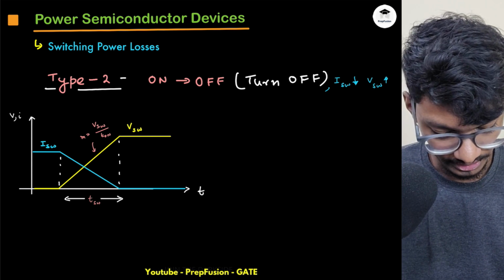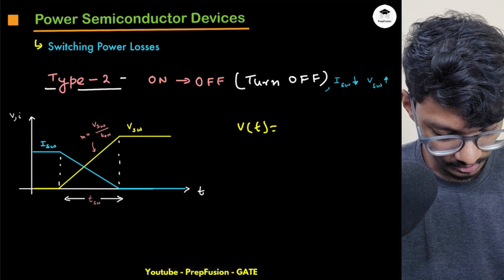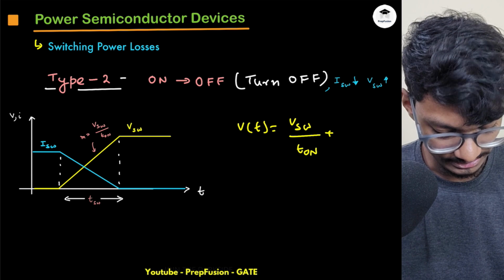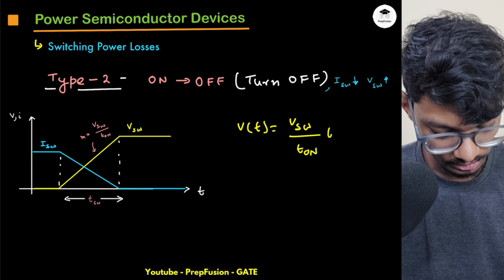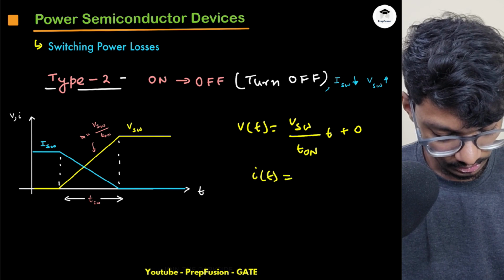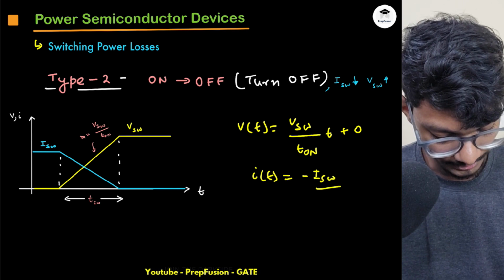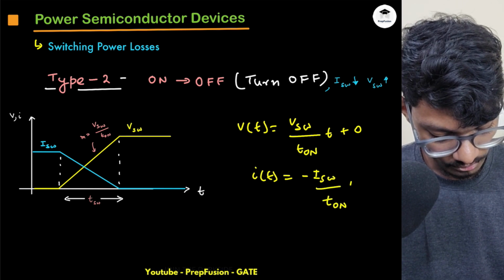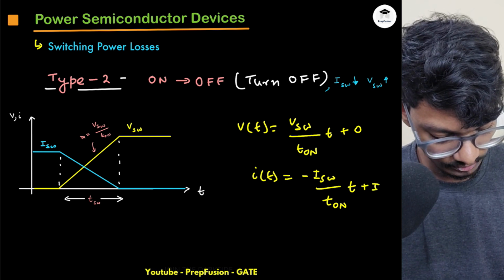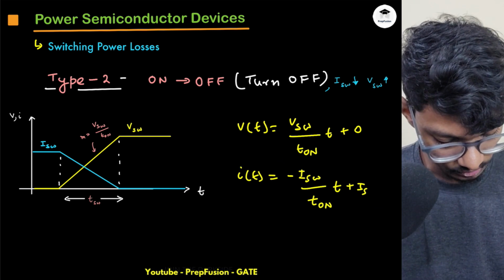So my V of t can be written as VSW by T on into T, with no X intercept, and my I of t will be minus ISW by T on, with an X intercept of plus ISW, because at t equal to small t on, the current is 0.